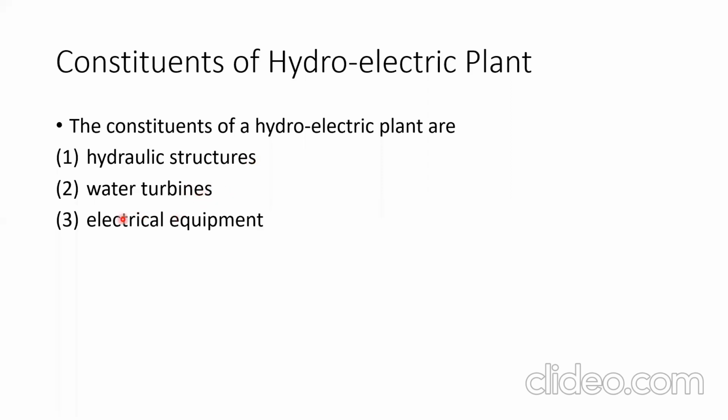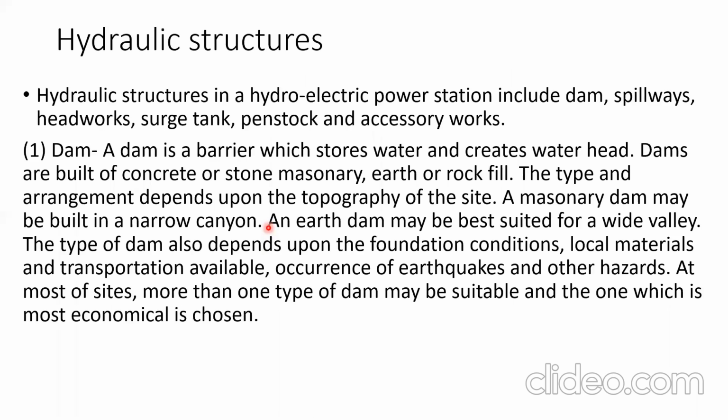Third is the electrical equipment, which is there to convert mechanical energy into electrical energy, that is the generator, and to integrate that generator to the grid, a substation is there. So we will see each of the parts one by one.